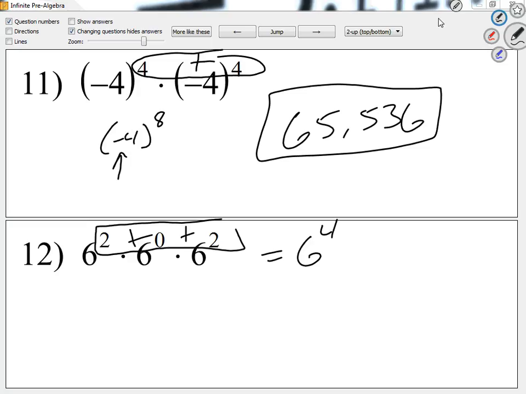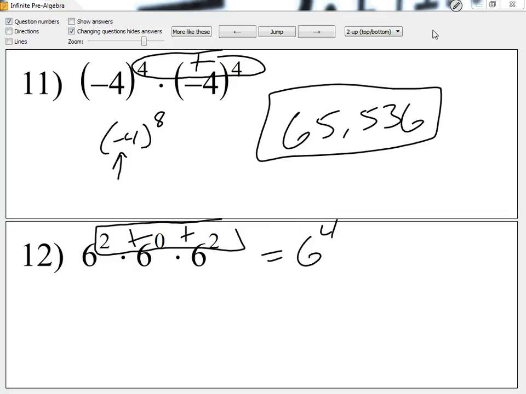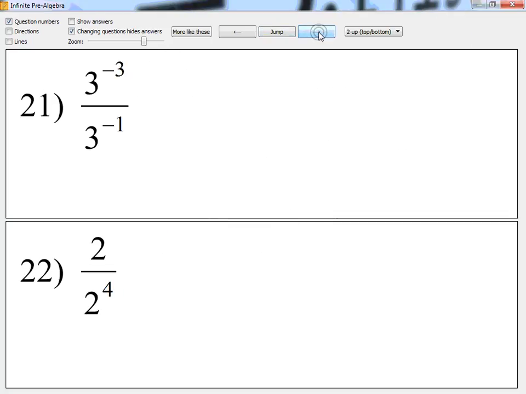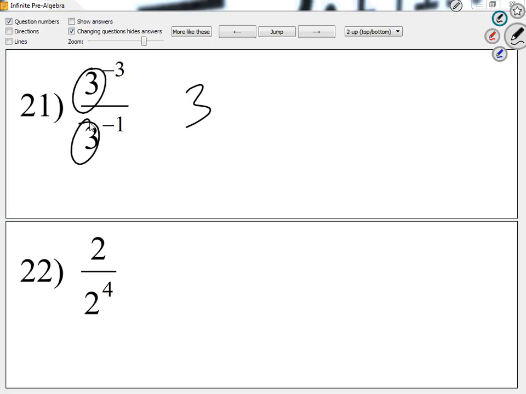Now let me move into division. Clear this out. Take a look at something like 21. I'm going to have 3. So that's the big base. That's the big number. And I have to subtract my exponents. Right? From division, I subtract my exponents.